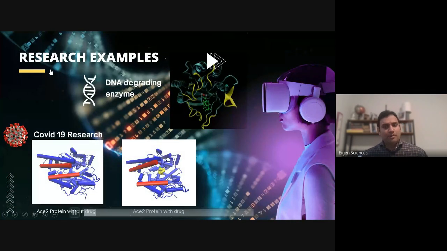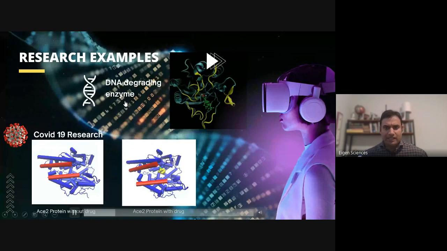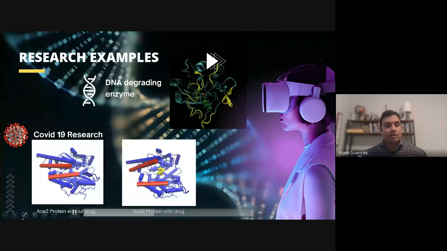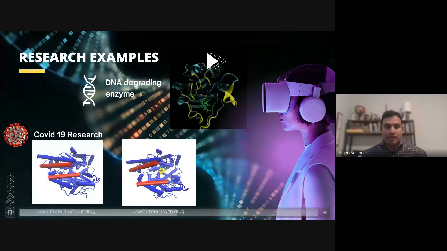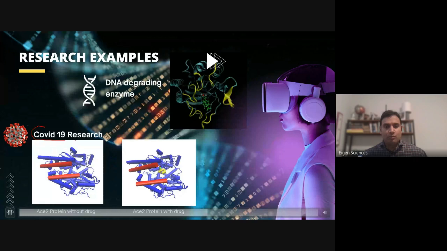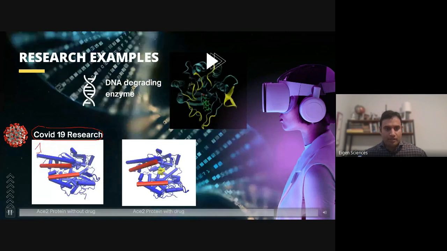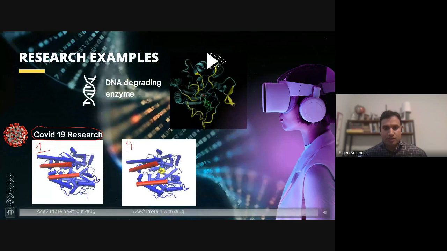Some of the research examples are a DNA degrading enzyme and COVID-19 research. I can talk about this one, and again, I will try to make it very simple. For the COVID-19 research, there are two images, image 1 and image 2.